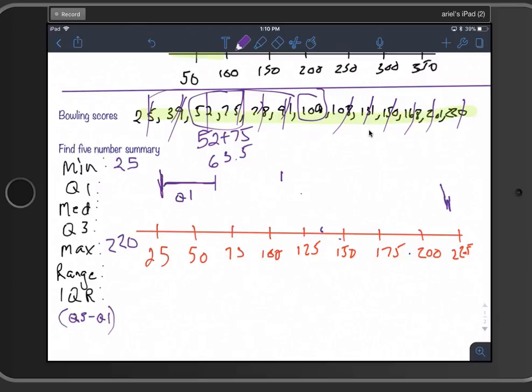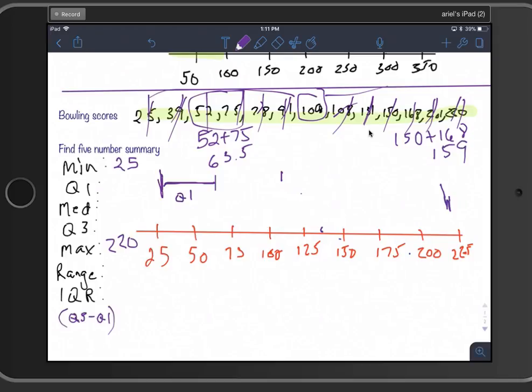This is our Q1. And then what we're going to do is find the median on this point. So we'll do our cross outs again, and it gives us 150 plus 168 divided by 2, because that's how many terms, which would be 159.